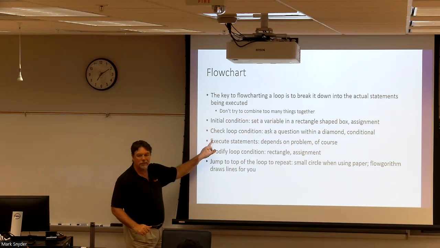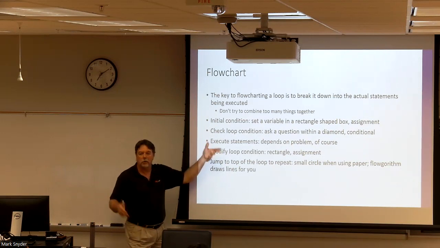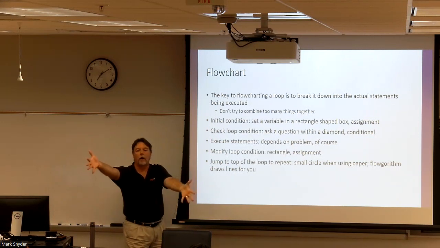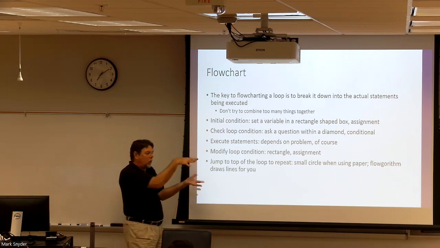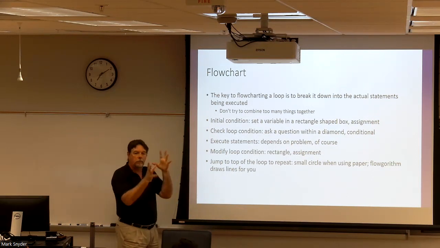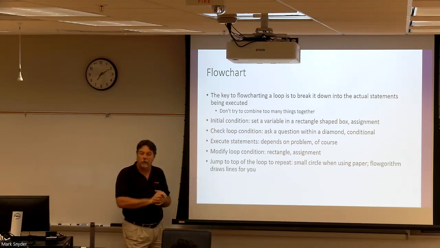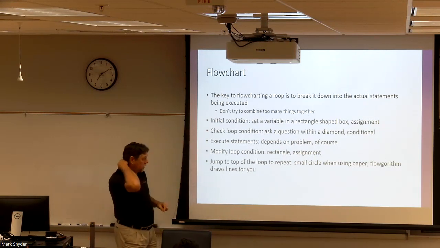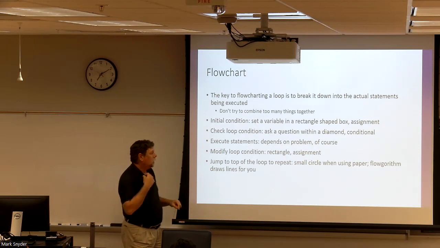The execution statements, the work that we're going to do inside the loop, of course, that's going to vary. We may have all kinds of boxes. Your entire program that you've written so far may go inside a loop, right? So whatever that program could have had in terms of the kinds and number of boxes, it could be a huge program inside the loop. But all that stuff will go inside there.